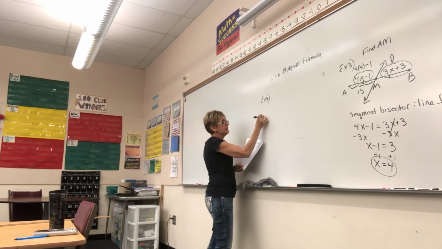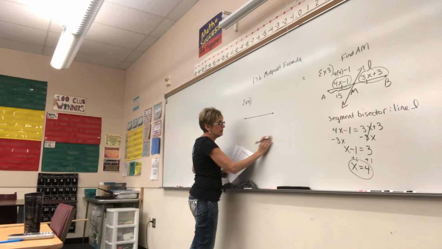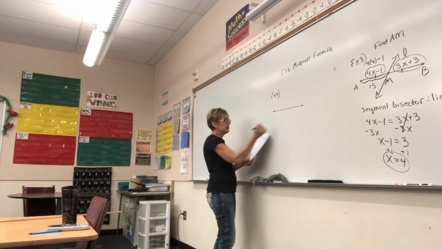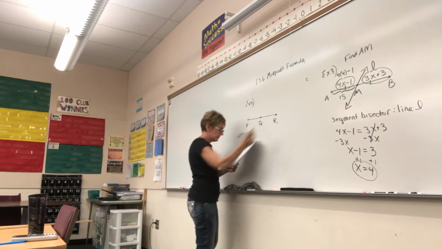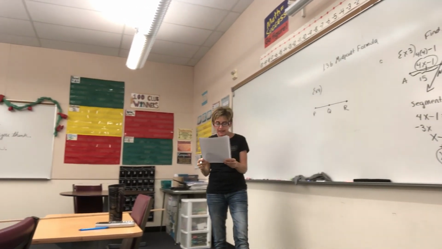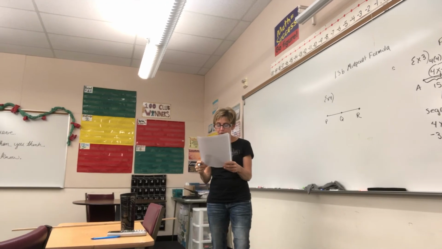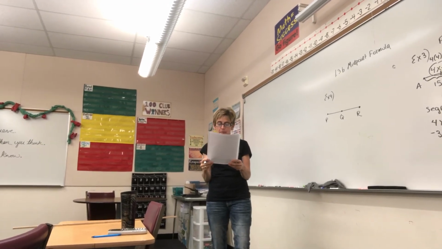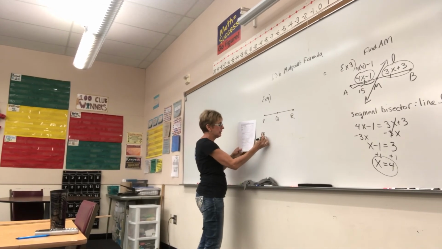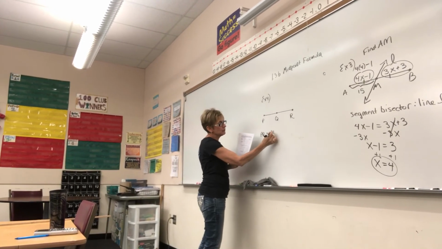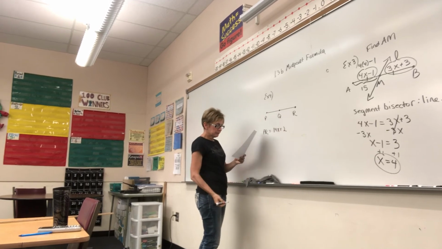And we're going to draw a segment here. And after this, we'll be done with our notes. Segment P, Q, R. And the question says, find the measure of PR if Q is the midpoint. And I'll write this information here. PR equals 14x plus 2.